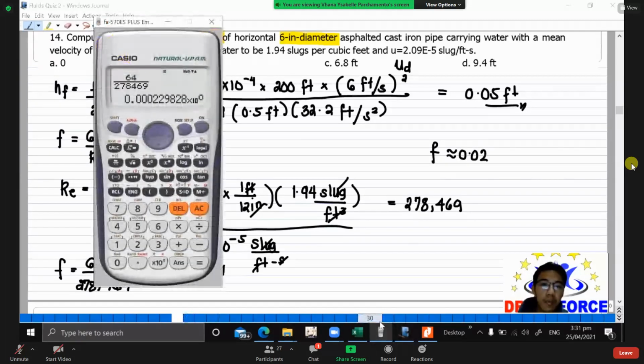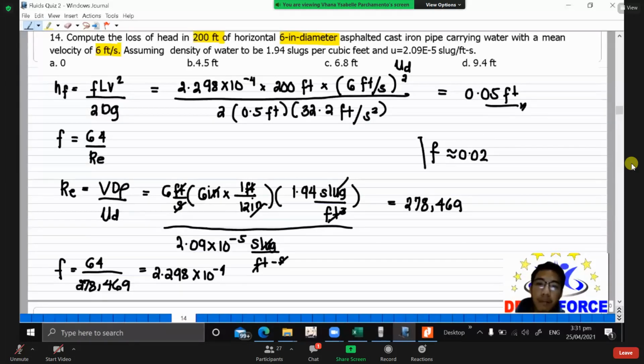Try nga natin. So times, ito 0.02. Yan, meron siyang nakuha 4.47 or approximately equal to 4.5. Pag ito yung ginamit mong F, may lalabas dyan na head loss due to friction, we have 4.47 feet. So the answer is letter B.